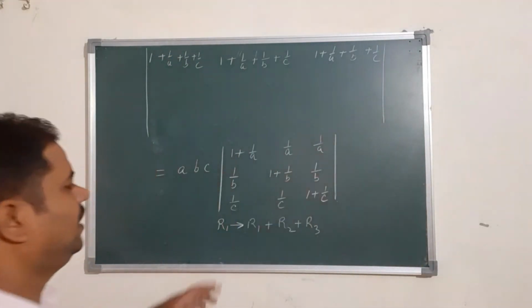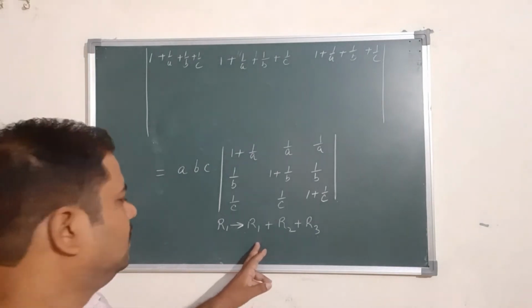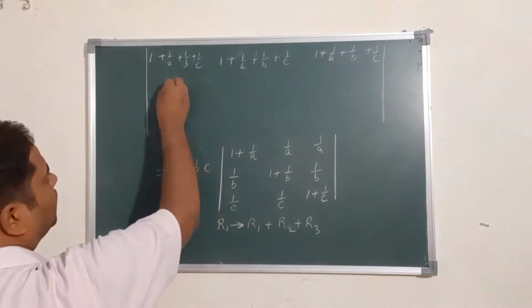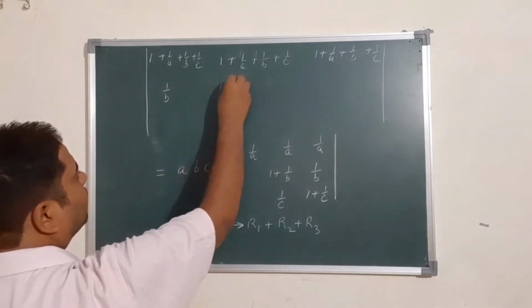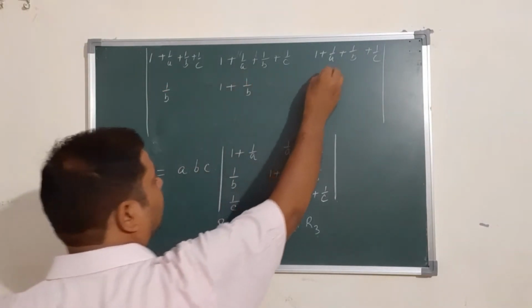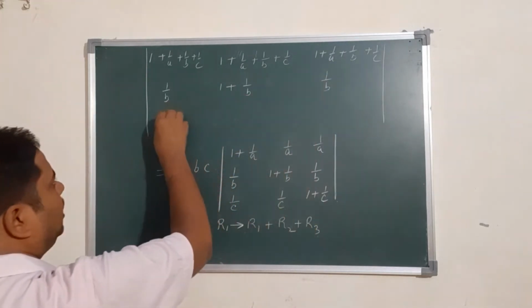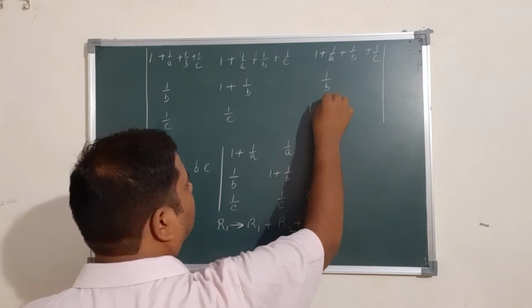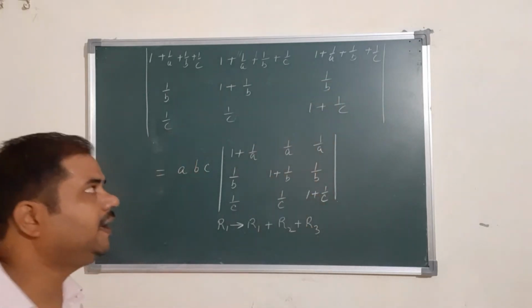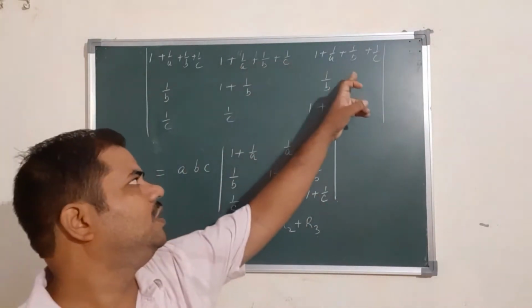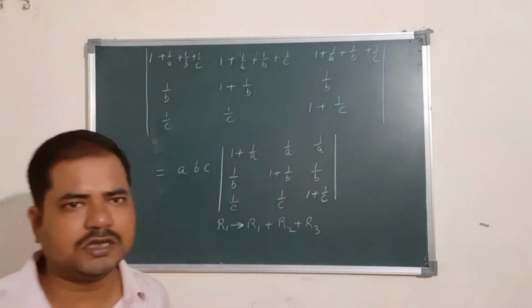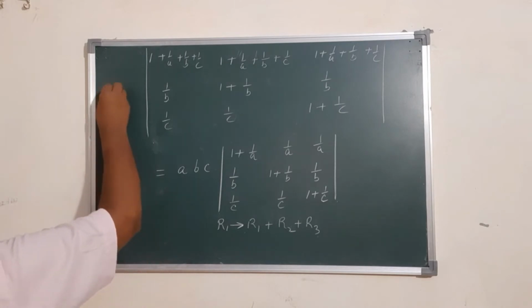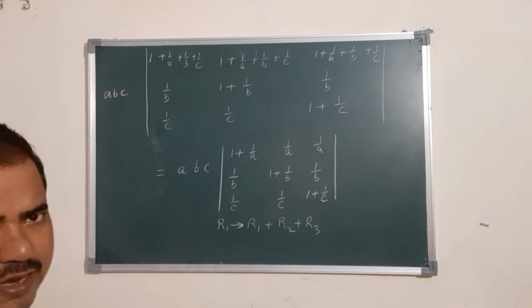If we apply this particular operation, rest of the rows are the same. Now this whole is common from the first row, and abc is already there.